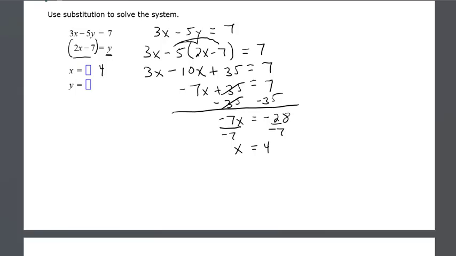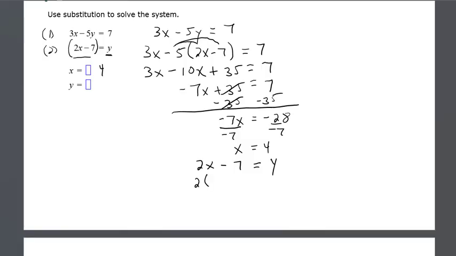Remember, when we're solving a system, we're solving for all of the variables, in this case x and y. So how do we find out what y equals? We have two choices. We can either take equation 1 or equation 2 and substitute 4 in for x and solve for y. In this case, it'll be easier to take the second equation, 2x minus 7 equals y, and substitute the 4 in for the x.